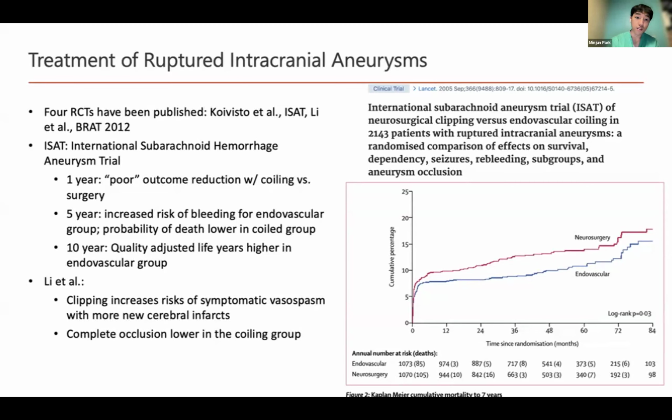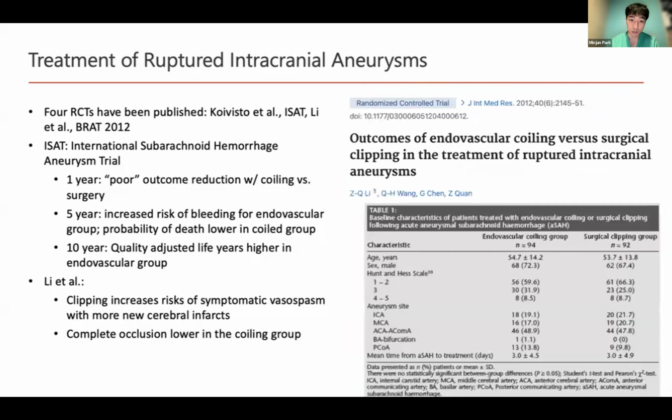There's another study that was a little bit smaller by Lee, also called the Chinese study, with around 192 patients analyzed for subarachnoid hemorrhage. Overall, what they did find is that complete occlusion was lower in the coiling group, but clipping increases the risk of symptomatic vasospasm, which induces cerebral infarcts.